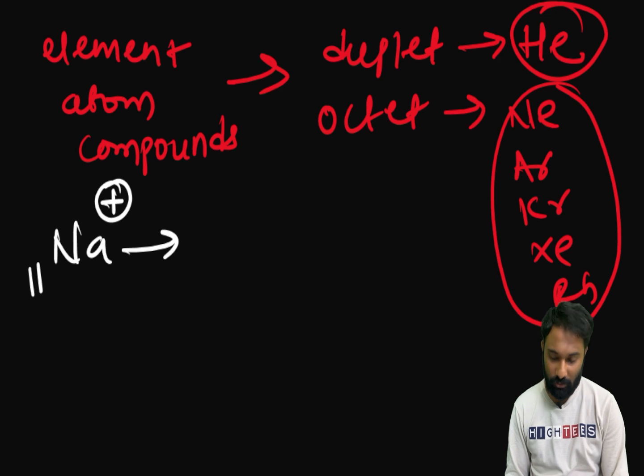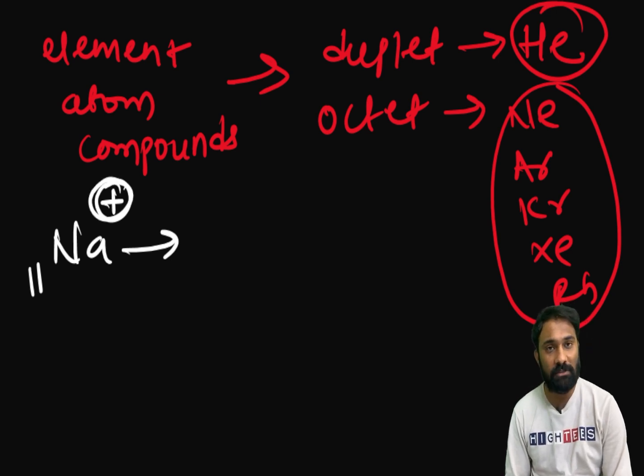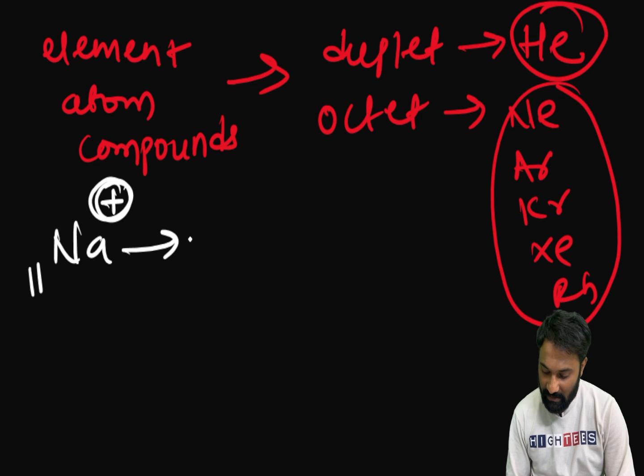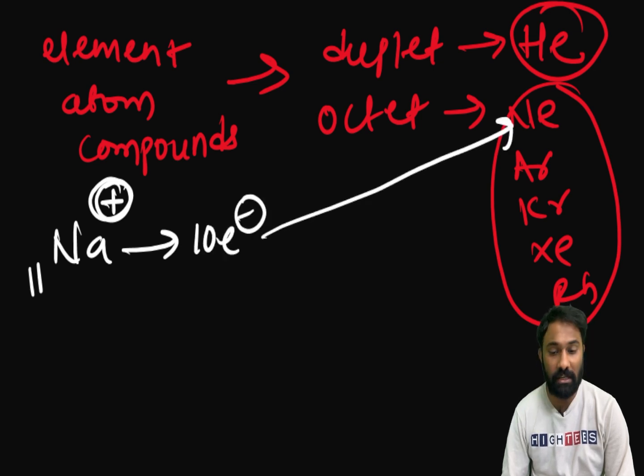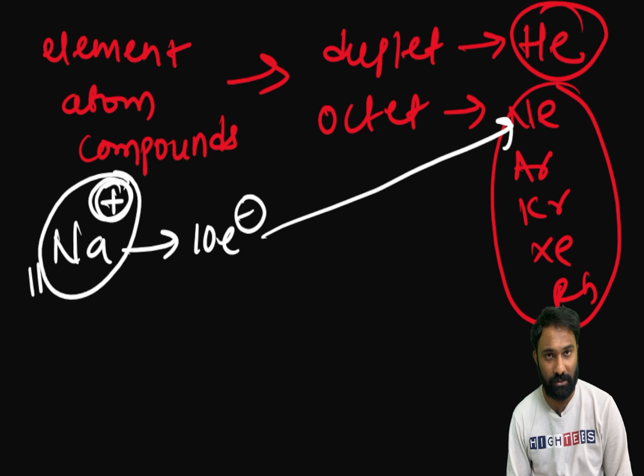From these 11 electrons, 1 electron has been lost by sodium, right? So it has reached 10 electrons. 10 electrons is represented as neon, meaning it has reached the noble gas electronic configuration, right? So sodium, by the loss of an electron, has reached the octet electronic configuration.